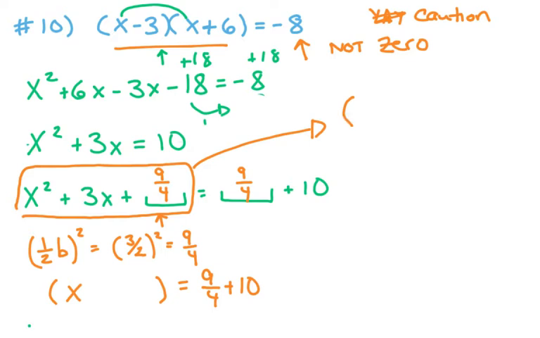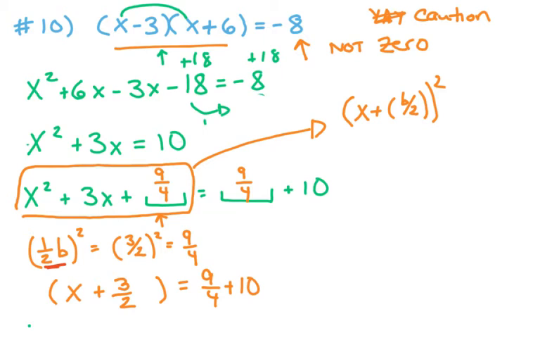Well, when we complete the square, we will always end up with x plus b over 2 squared. This 1/2 b squared is what goes in our perfect square trinomial. So this is 3/2, b over 2.